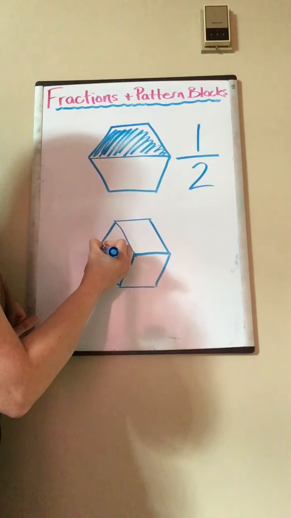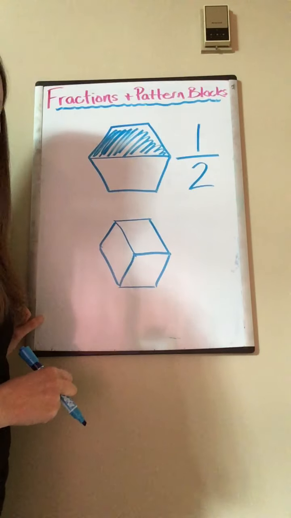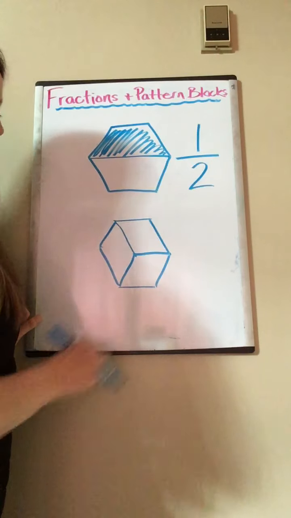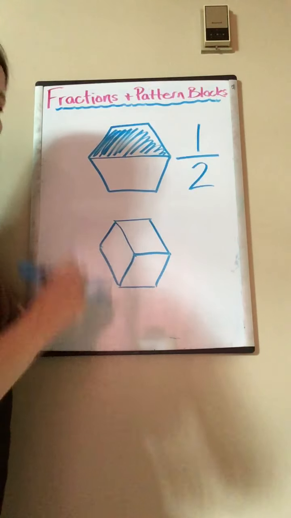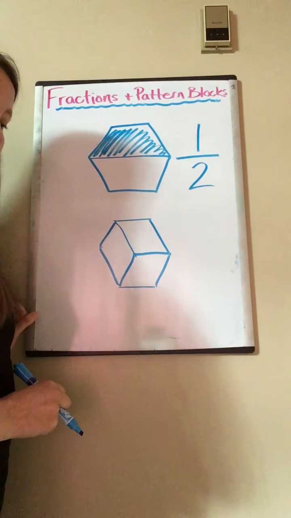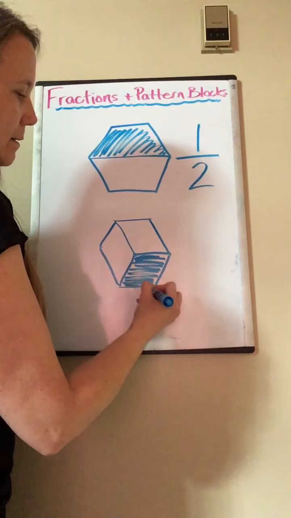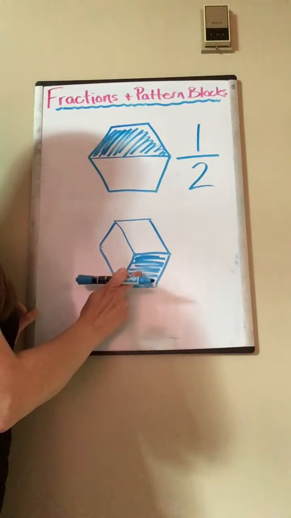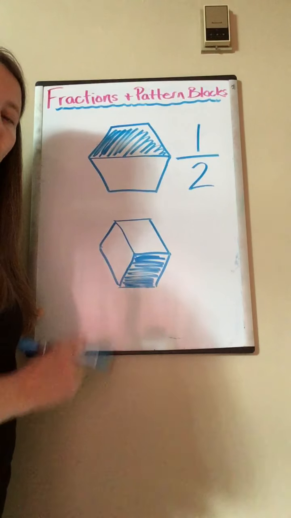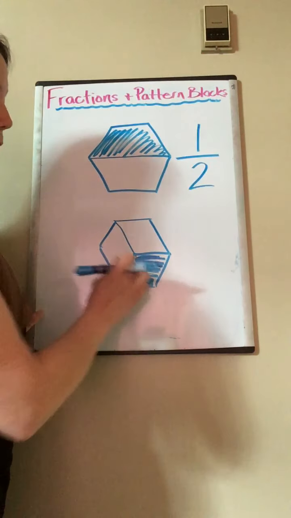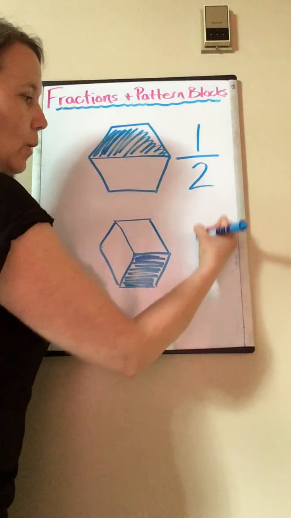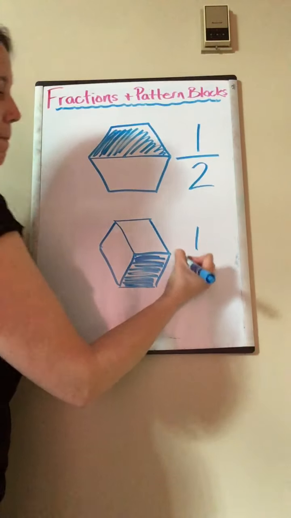What shapes did I create now in this hexagon? You're right, I created rhombuses on this hexagon. If I were to shade one of those rhombuses, what is the fraction for that shaded part? Well, the first thing I'm going to do is decide how many parts are shaded. 1. I count 1.